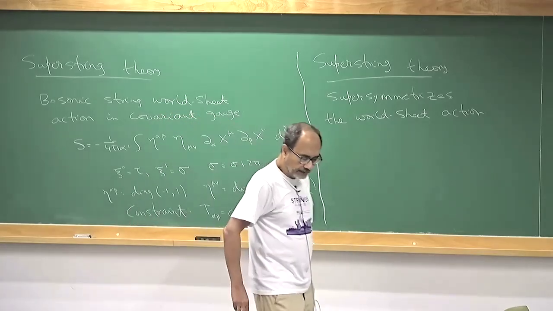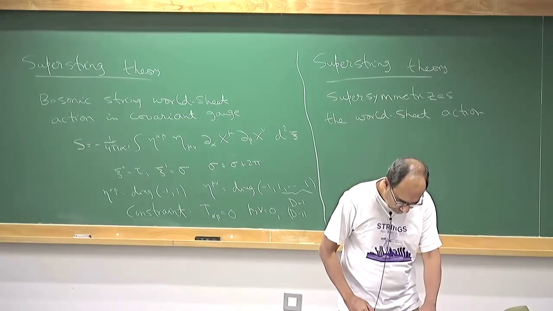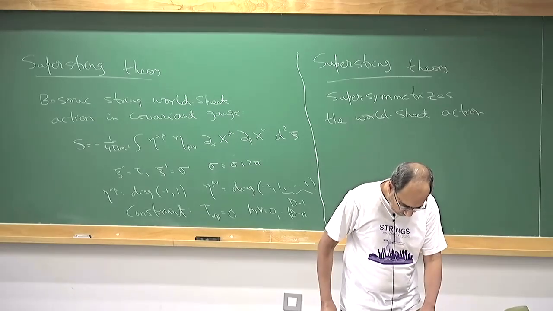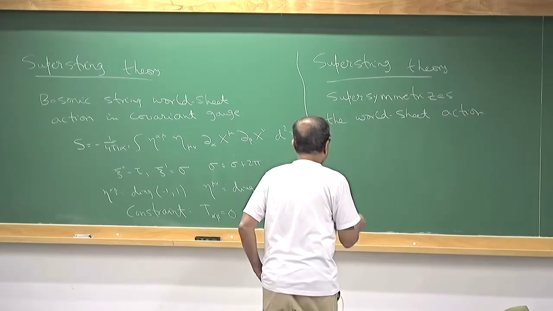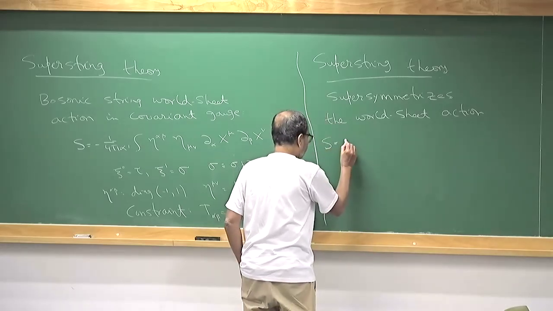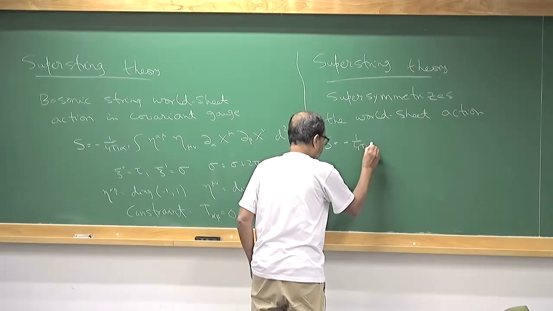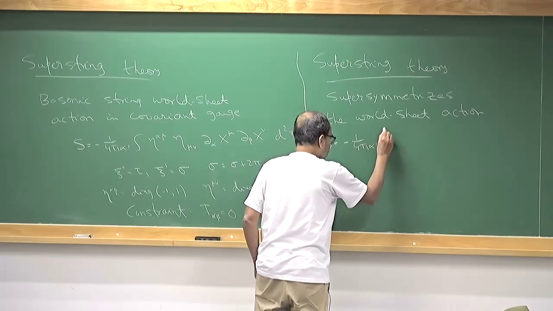Okay. So we add to the bosonic string theory action an extra term. So this will be given by minus 1 over 4 pi alpha prime integral d^2 xi.